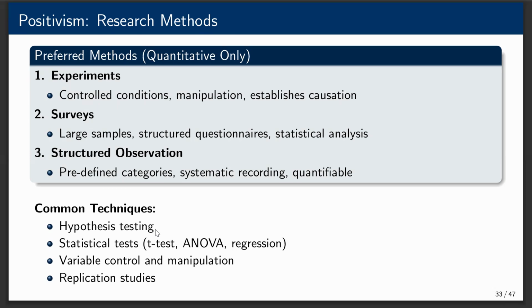Third, structured observation: predefined categories, systematic recording, and quantifiable. Common techniques are hypothesis testing, statistical tests like t-test, ANOVA, regression, variable control and manipulation, and then replication studies. So these are different methods which can be followed.